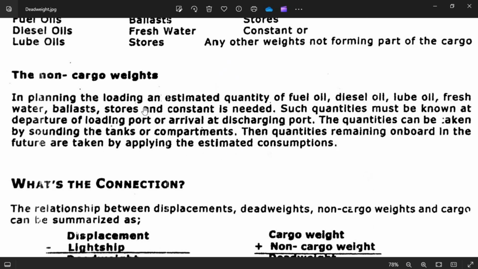In planning the loading, an estimated quantity of fuel oil, diesel oil, lube oil, fresh water, ballast, stores, and constant is needed. Such quantities must be known at departure from the loading port or arrival at the discharging port. The quantities can be taken by sounding the tanks or compartments. The quantities that remain on board in the future are found by applying the estimated consumptions.